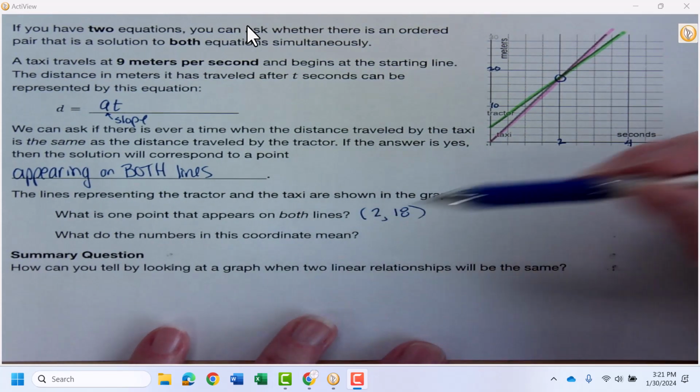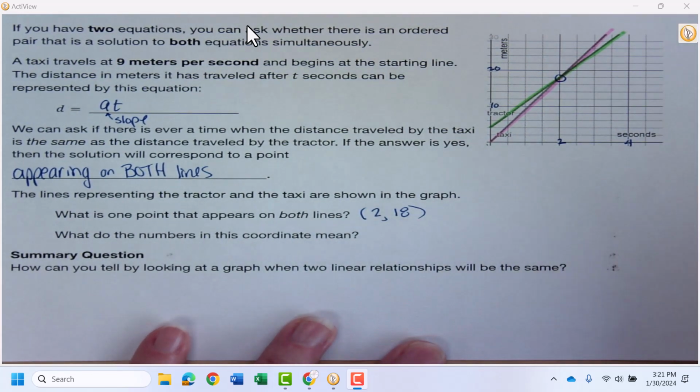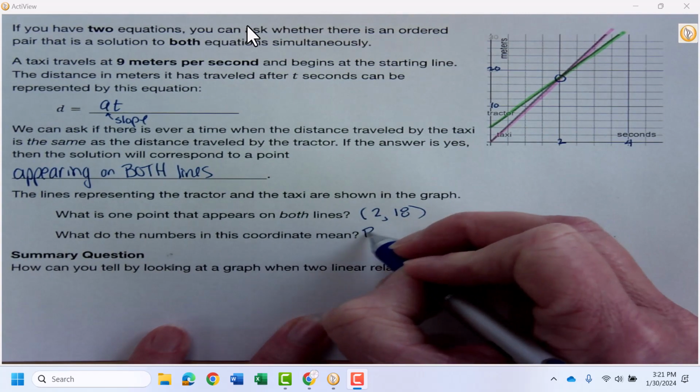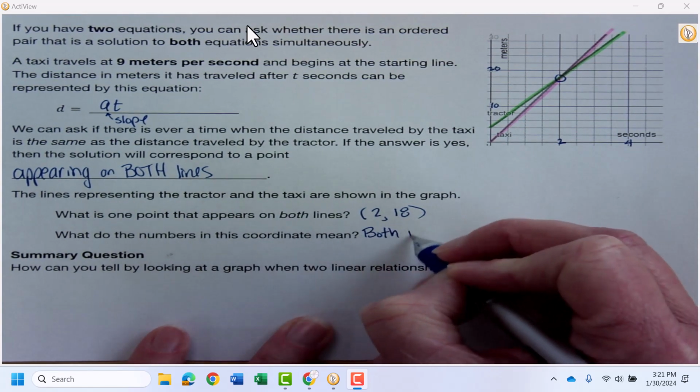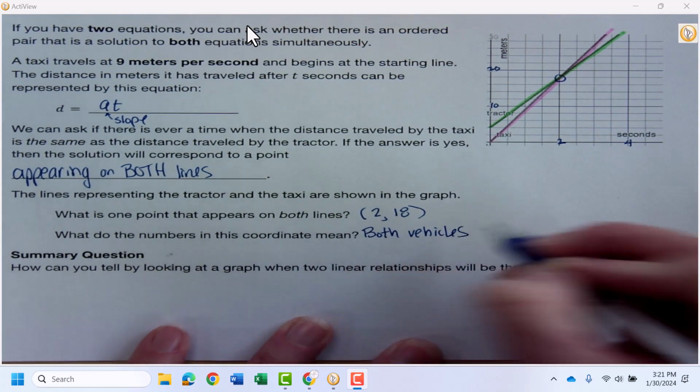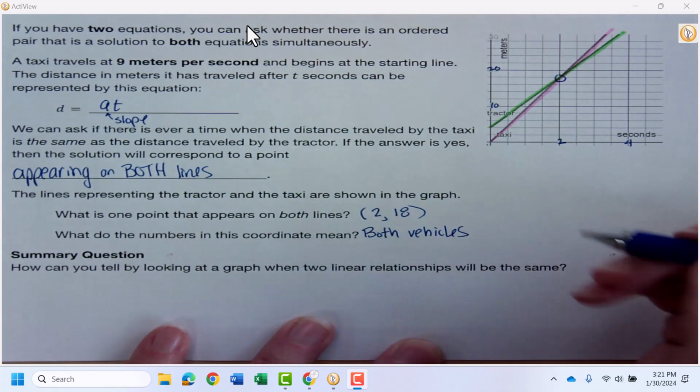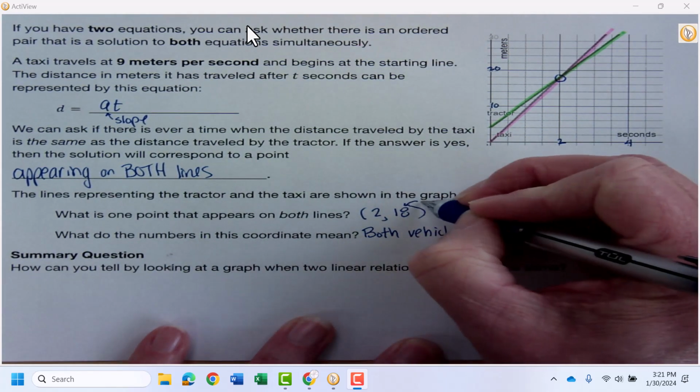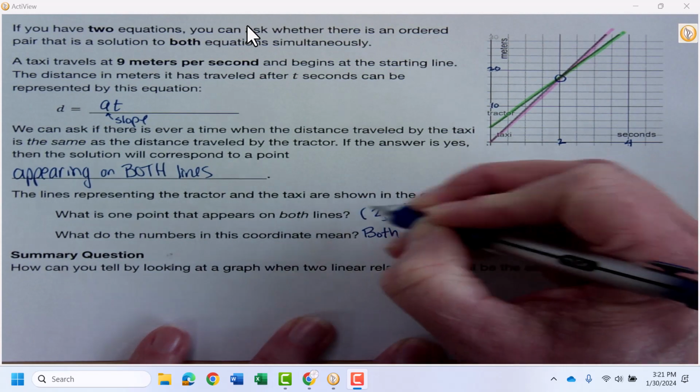So that's the coordinate that appears on both the pink and the green line. And the numbers in that coordinate mean that both vehicles will travel 18 meters. Remember, this value is meters. This is seconds.